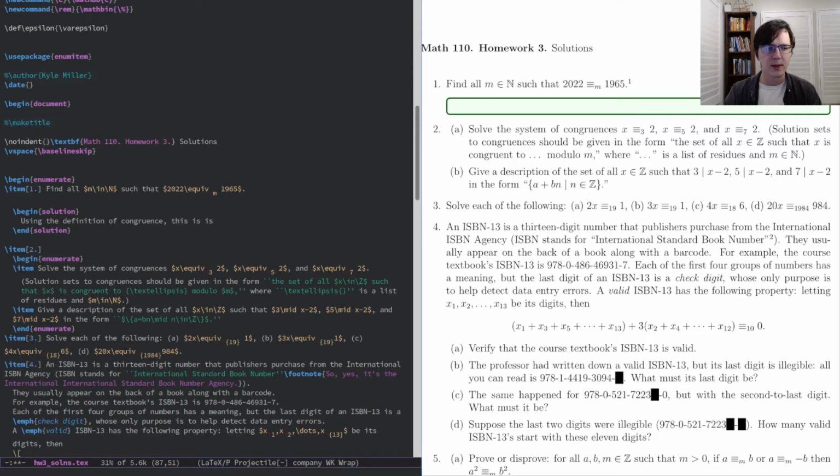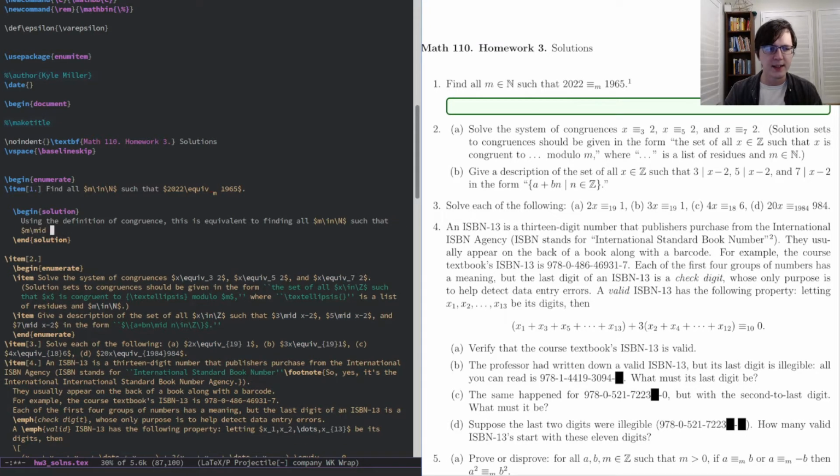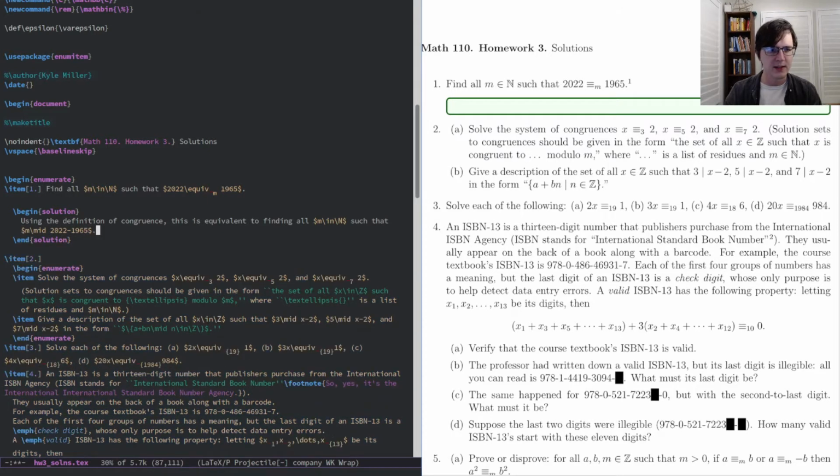This is equivalent to finding all m in the natural numbers such that m divides 2022 minus 1965.